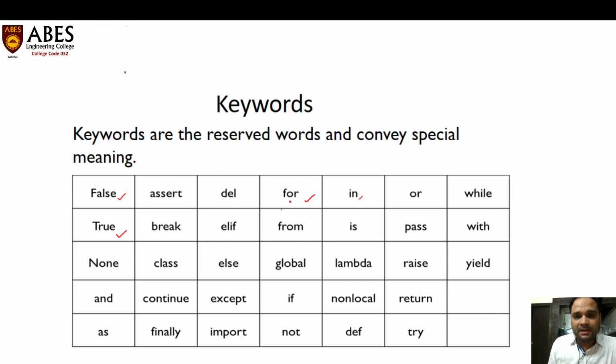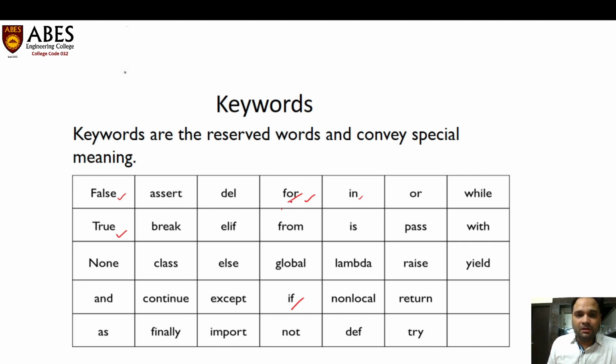Just like for, if, and while, these are the decision control keywords. False and True are used when we have to evaluate whether some values are true or not. So these keywords have different meanings.